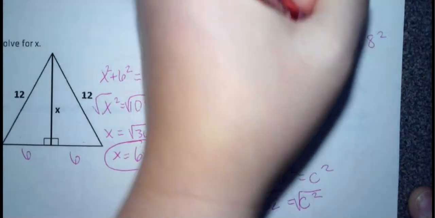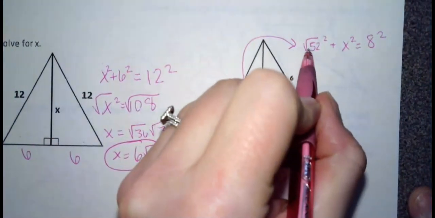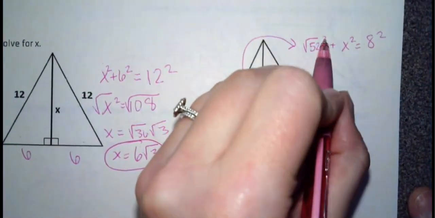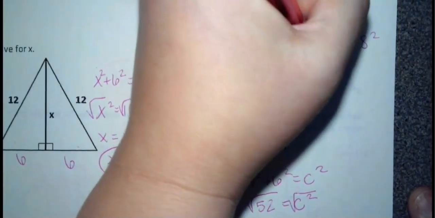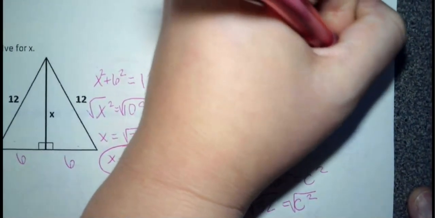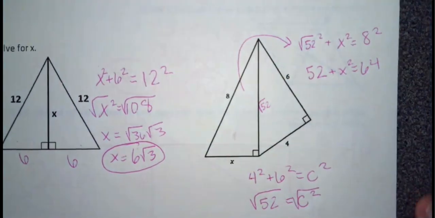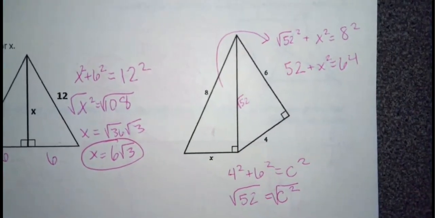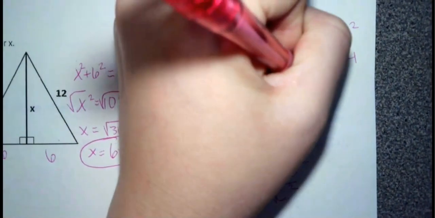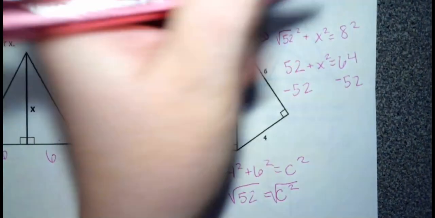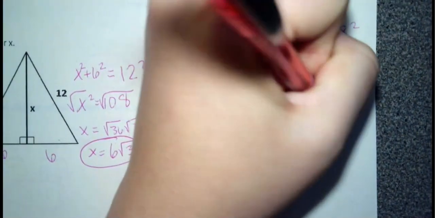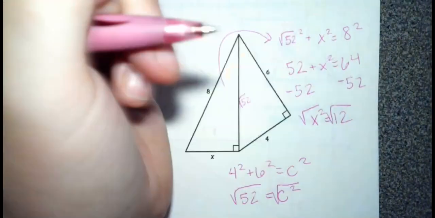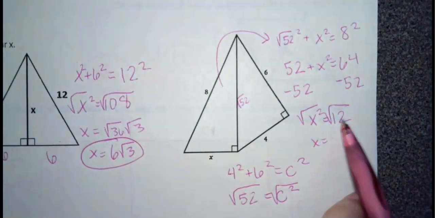And then you just subtract. So the square root of 52 squared is 52. And then we're going to subtract 52 on both sides. And you get 12. 4 goes into 12 3 times.